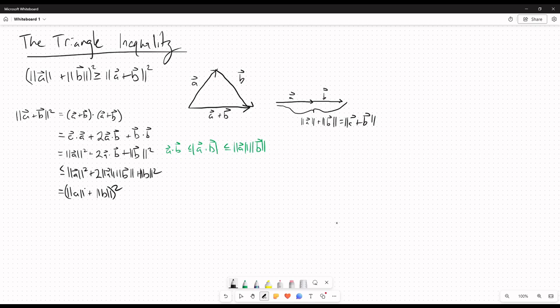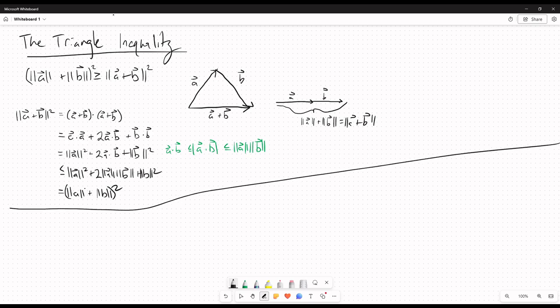So the triangle inequality is true mostly thanks to the Cauchy-Schwarz inequality. Since we were able to show the Cauchy-Schwarz inequality, it gave us the triangle inequality. Let's go ahead and do like we did with the Cauchy-Schwarz and show that it works. So let's use our same vectors because they were fun last time.